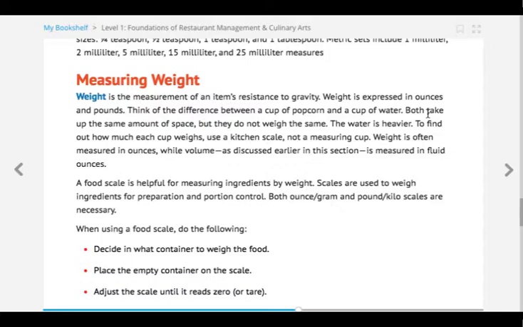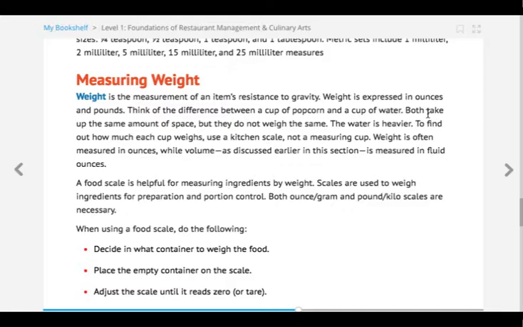They all occupy the same amount of space, but they don't weigh the same, because water is going to be heavier than marshmallows. Flour is going to be lighter than water. So to find out how much each weighs, you use a scale as opposed to a measuring cup.